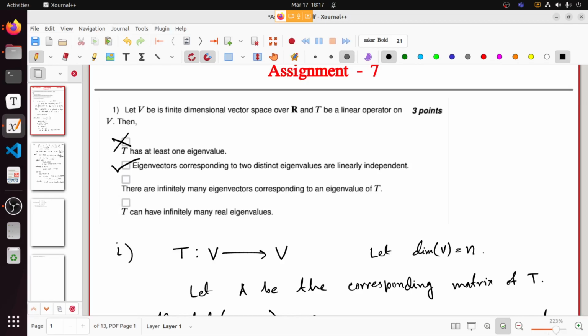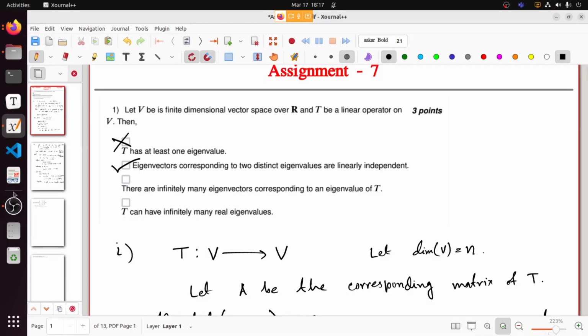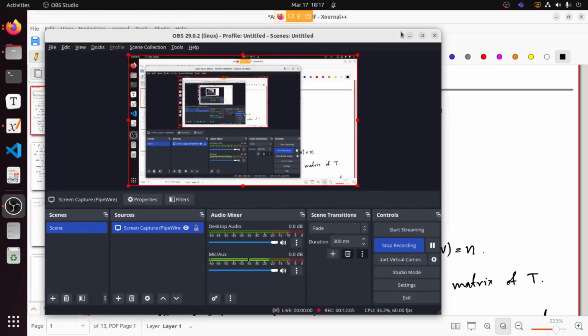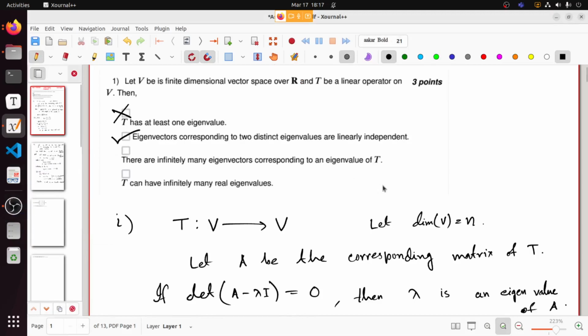So let's check option number 3. There are infinitely many eigenvectors corresponding to an eigenvalue of T, right? So what is it saying?